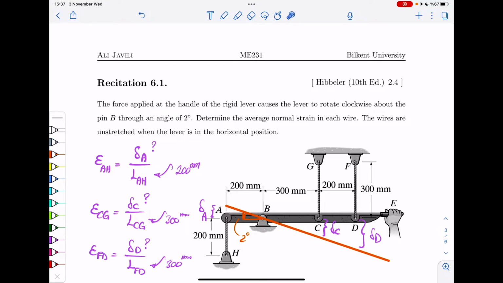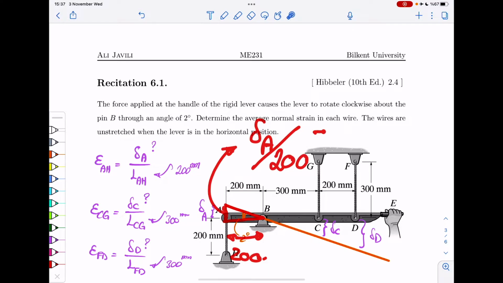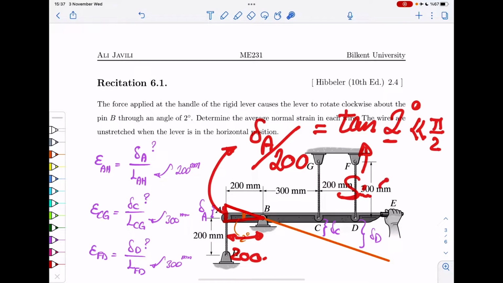So if you look at this triangle, you can immediately see that delta A divided by this distance, which is 200, would be the tangent of that angle that is 2 degrees, right? But 2 degrees is such a small number, a very small angle, that we can always approximate the tangent with the sine, and just the same as the angle itself.